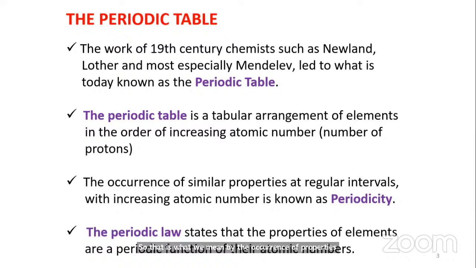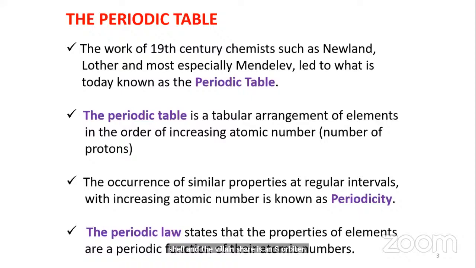So for instance, in the second period, when we go from lithium to neon, by the time we get to sodium, sodium also has 1 electron in its valence shell. The properties of sodium are similar to the properties of lithium, and that is what occurs. So every element that has 1 electron in its valence shell, and the valence shell is an s orbital, will have a similar property.